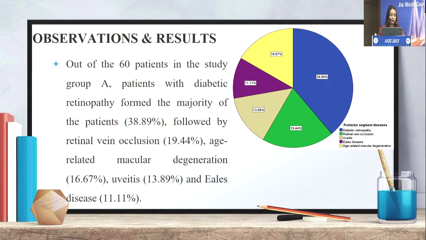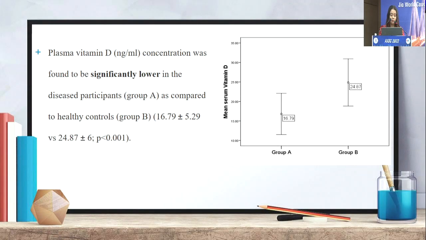Out of the 60 patients in the study group, patients with diabetic retinopathy formed the majority, followed by RVO, age-related macular degeneration, uveitis, and Eales disease. Plasma vitamin D concentration was found to be significantly lower in the disease participants compared to healthy controls.